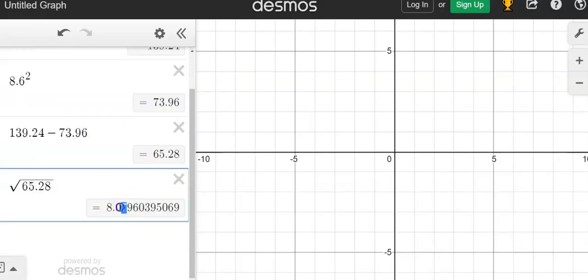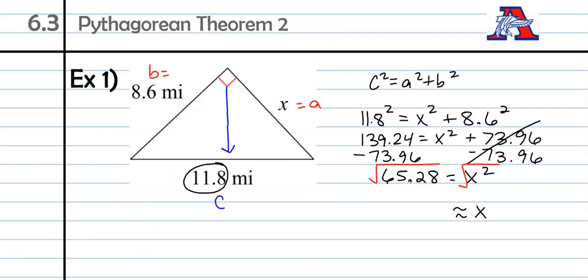In our head we're thinking, is it 8.07, or does it need to go up to 8.08? In this case the third decimal is a 9, which is 5 or larger, so we go up to 8.08. We were doing miles, so 8.08 miles. That's our final answer for that one.